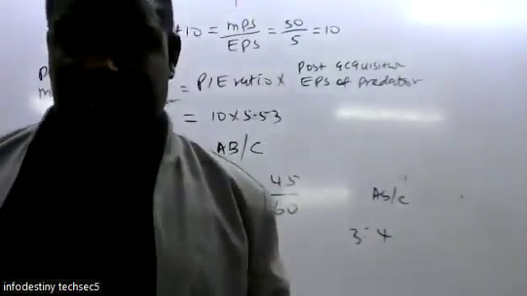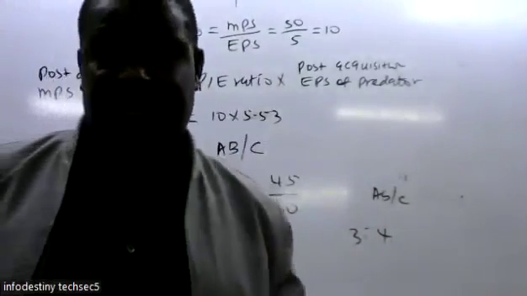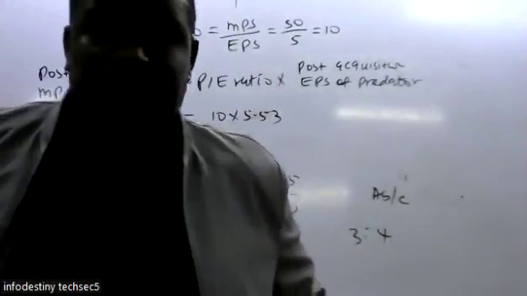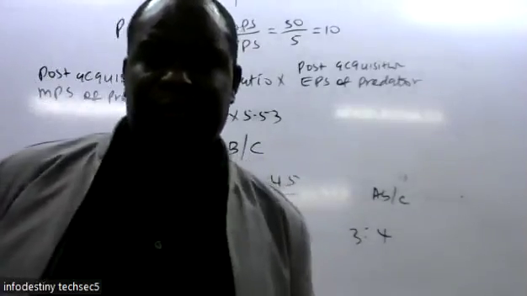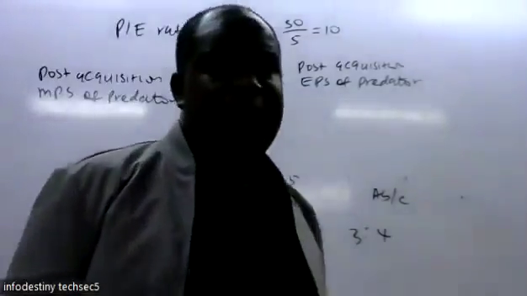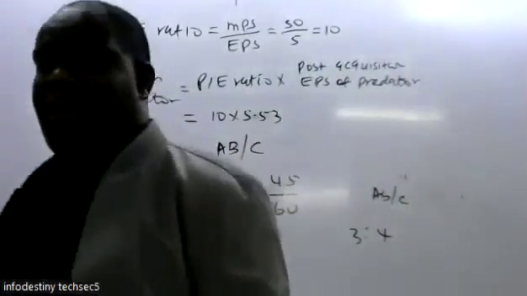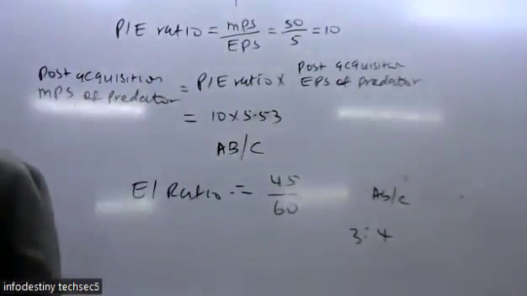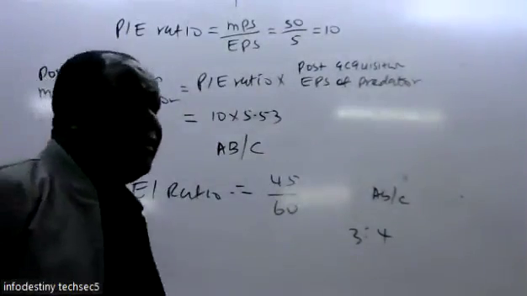The computation part, you are going to do in your book, but the theory I've summarized on that small handout. So we can now have a subtopic as valuation of securities and business.